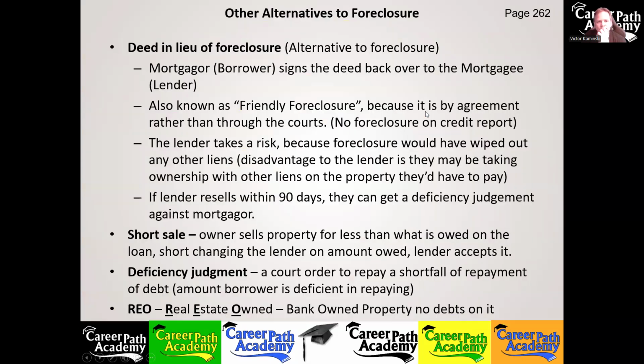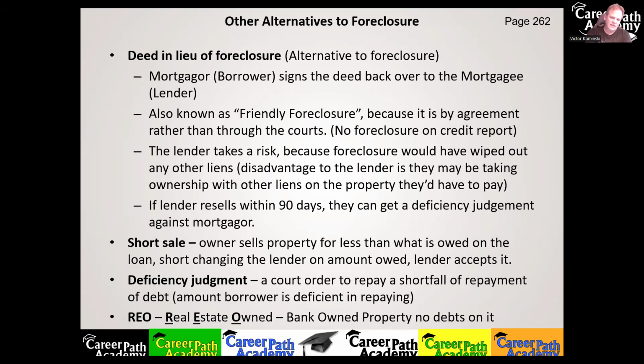All right. Done. An alternative to foreclosure. Here are some other alternatives to foreclosure. A deed in lieu of foreclosure. No, it is not French once again. It is Latin.